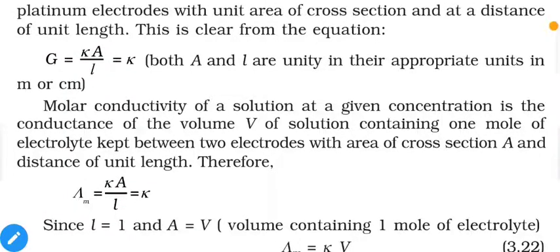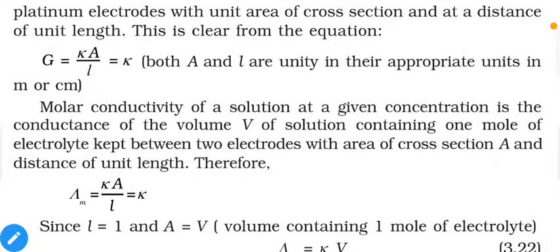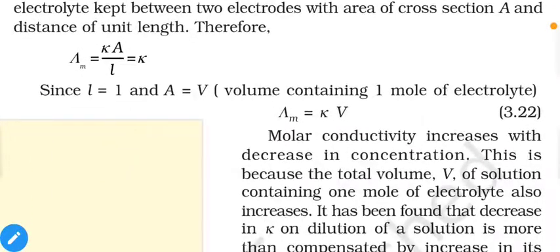And now the question remains for the concentration. What about the change in concentration? Now, as mentioned here, if A is equal to V, that means the volume of the electrolyte, and if it is not unity, then our equation for molar conductivity will be lambda m = kappa V. That means the volume of solution.